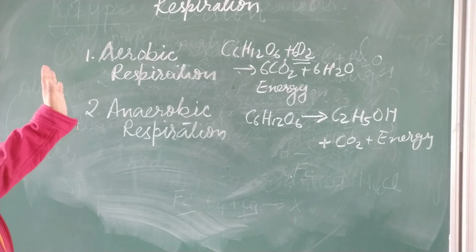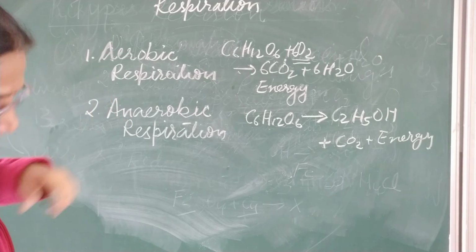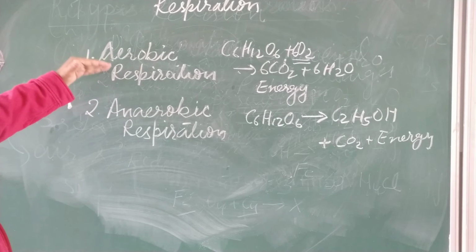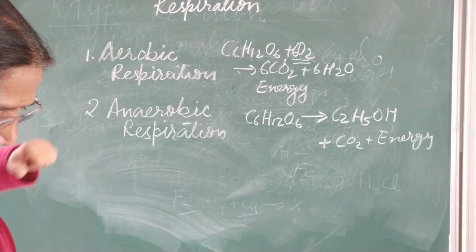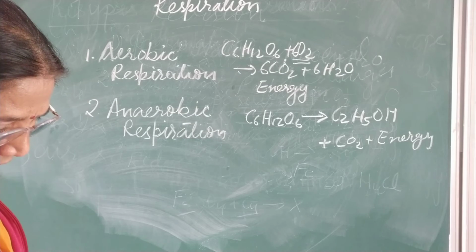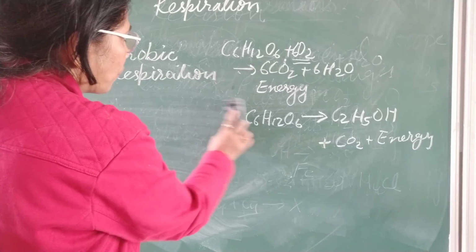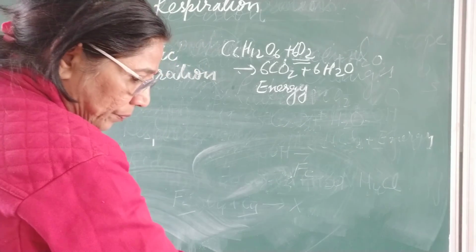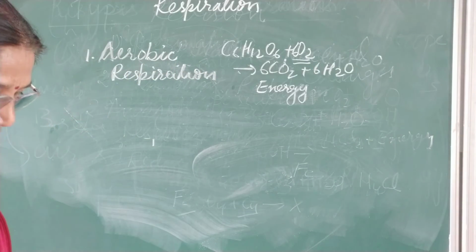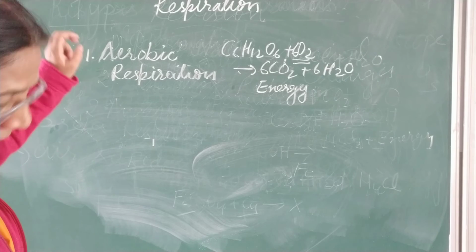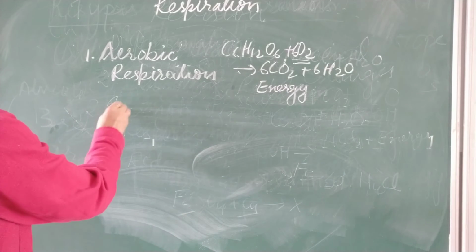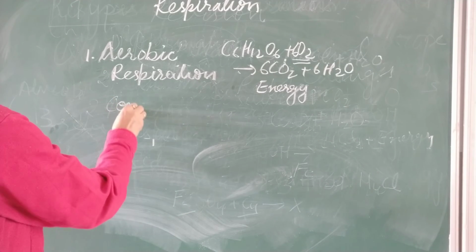Now what is the difference between combustion and cellular respiration? Aerobic respiration is also cellular respiration. Combustion is a fast process. Cellular respiration is a slow process. Combustion occurs at high temperature.